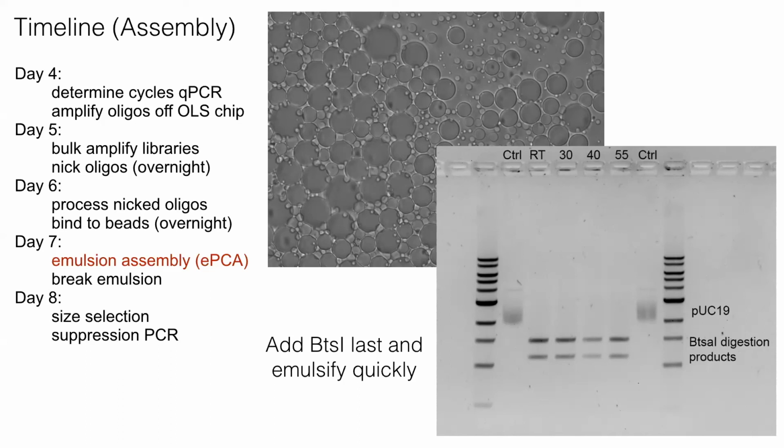What you're seeing here is digestion of a pUC19 vector. You see there's still very high activity even at room temperature, and it turns out even on ice.